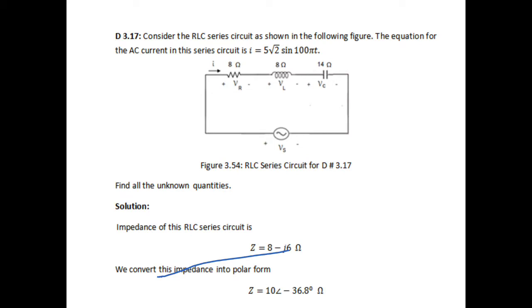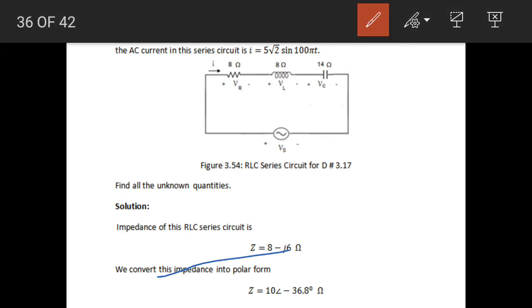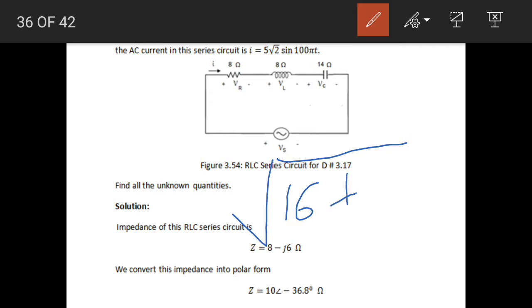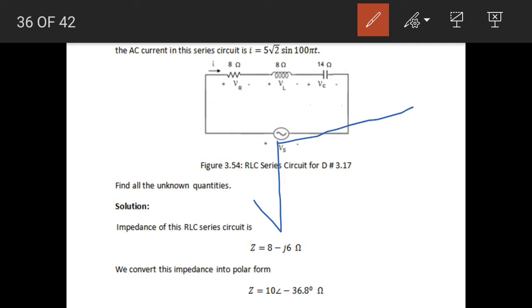So we calculate the impedance of this particular circuit. The impedance will be equal to under root R square, which is 64, plus XL minus XC whole square.